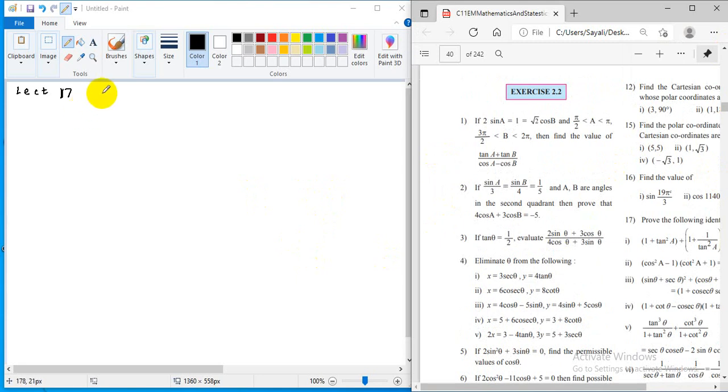The problem is very straightforward, but you should have thorough knowledge of the domain, range and periodicity of all these trigonometric functions.